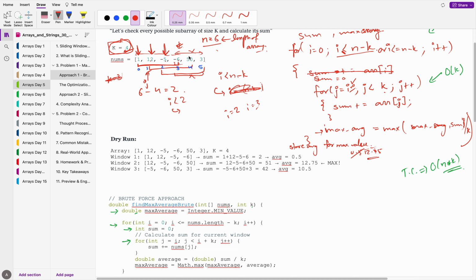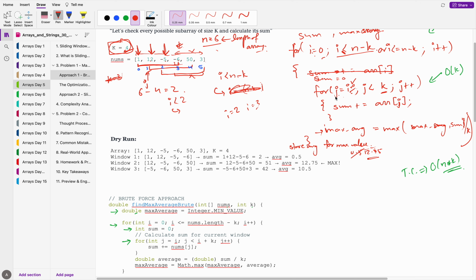So again, here also I need to figure out a pattern for this formula. What should I put here such that it will work for the rest of the windows as well? That formula would be i plus k, because j is increased by i. i was 0, j started at 0; i plus 1 went to 1, j also started from 1.